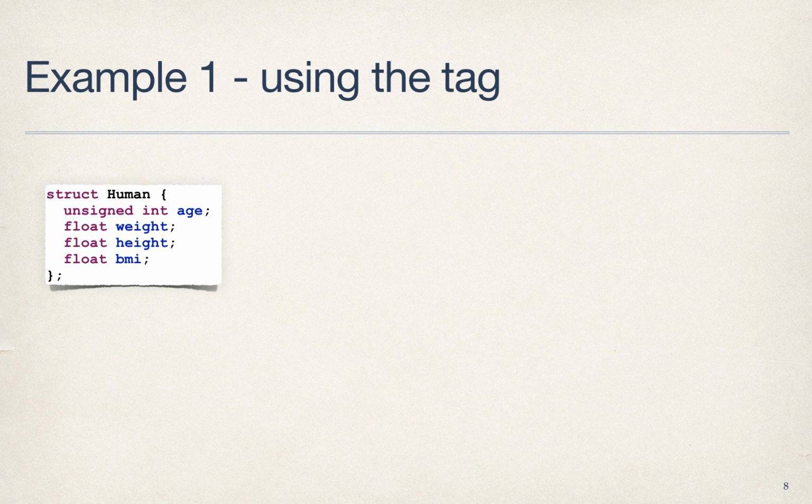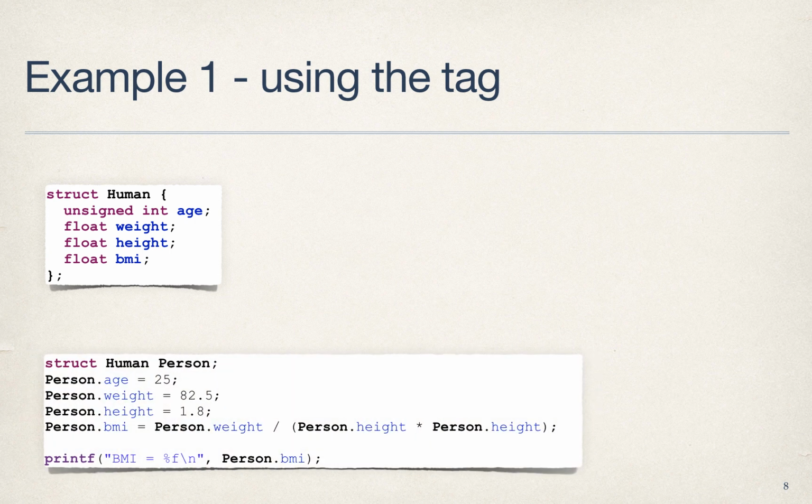Let's look at an example of how we would use that in C. So this is the type, struct human, and this is the name of the variable, person. Having done that, we can now set each of these properties: person.age equals 25, and we do weight, height, and BMI. And we can print out the BMI. The important thing to note here is that instead of writing int x, for example, where int is the data type and x is the name of the variable, we could write this, struct human.